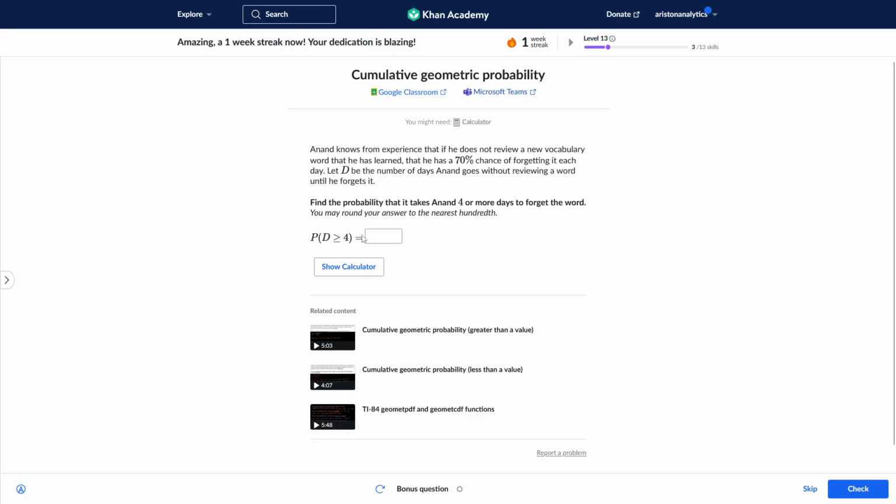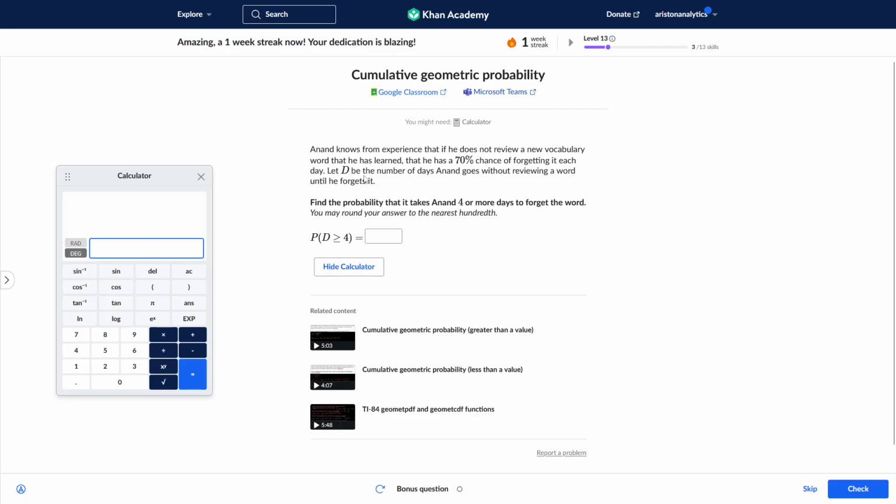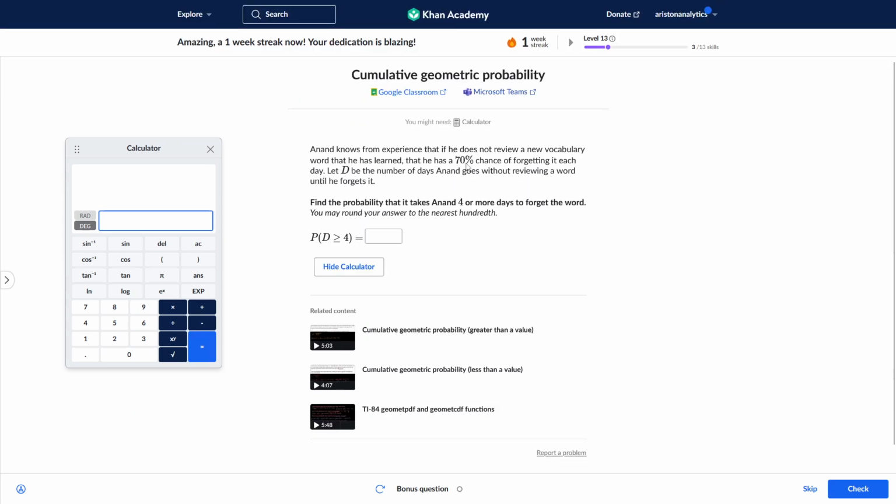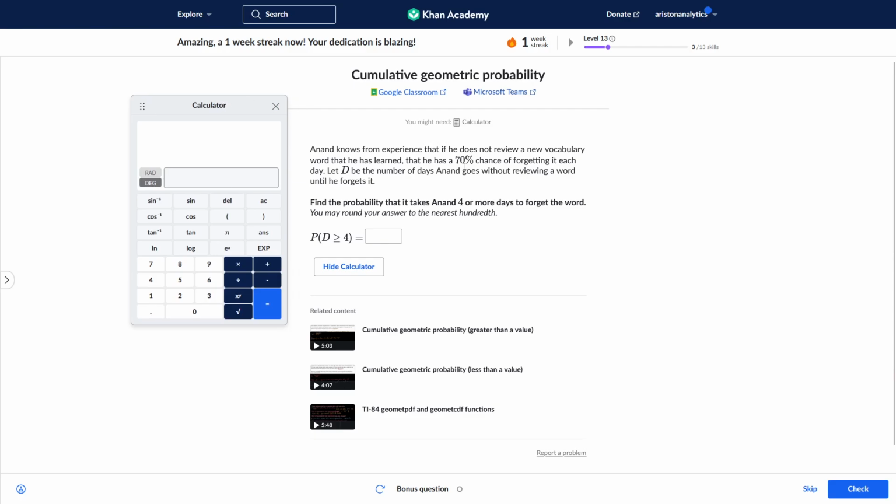Bonus question. From experience, if he does not review a new vocabulary word that he has learned, he'll forget it 70%. Find the probability that it takes Anand 4 or more days to forget the word.